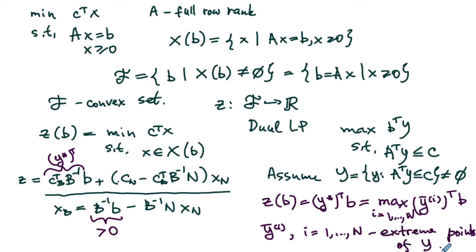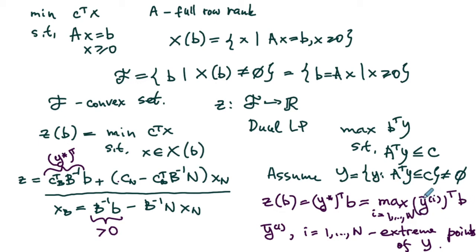This is the case because, as we know, in order to find the optimal solution for our dual problem, we just need to pick the best extreme point, right? So essentially we can just enumerate all the extreme points and then pick the extreme point with the highest objective value, right?